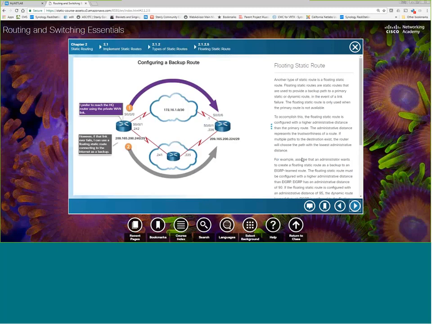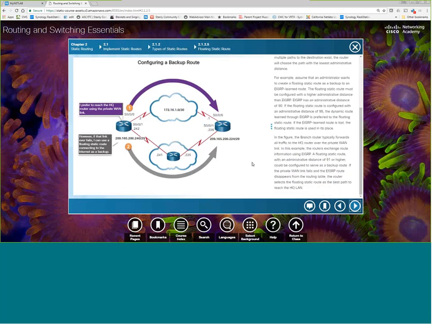Now this is a very strange little beast here. By default, what is the administrative distance on a static route? 1. So 1, okay? If, however, you've got this set up, you can actually create a static route that goes across here using 1, and then you can create a second route that has a higher administrative distance than 1 that goes through here.